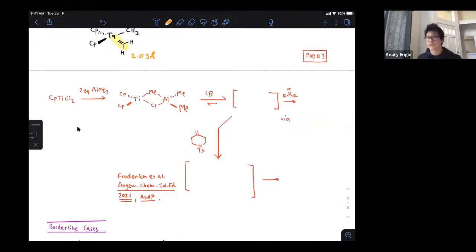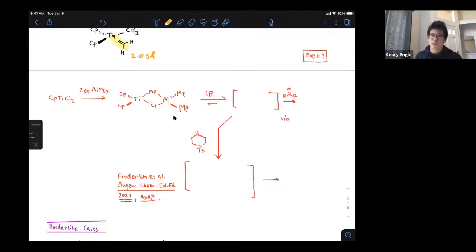In this system, we take bis-Cp titanium dichloride, we react it with trimethyl aluminum, and we get this new complex. And again, touching back to the themes we covered in main group organometallic chemistry, this is a bridged structure where the methyl group is forming a 3 center 2 electron bond across one titanium and one aluminum.